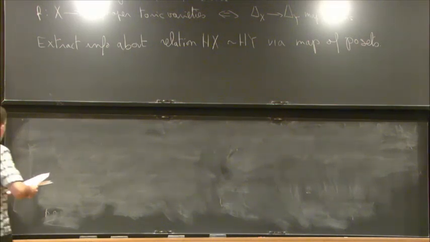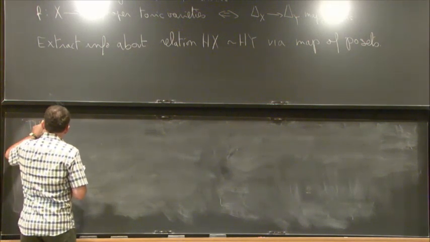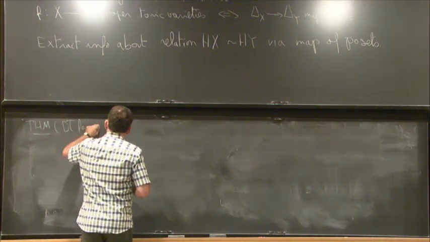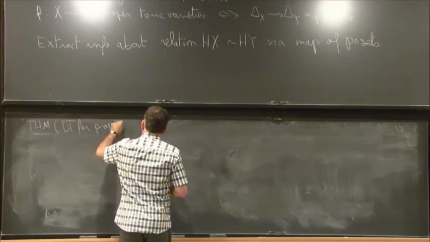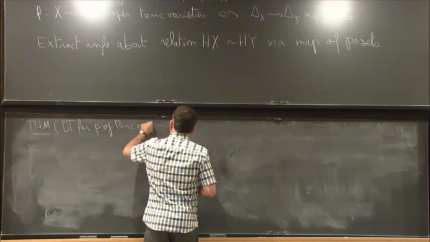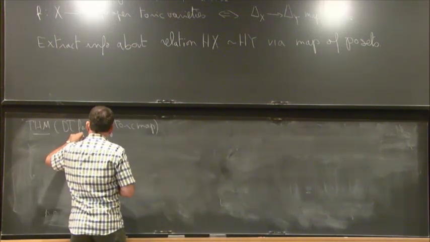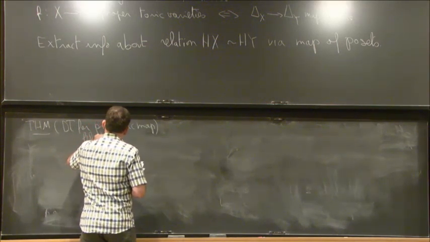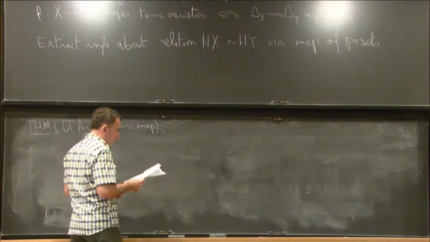Okay, so theorem C, the decomposition theorem for proper toric maps. I only give the statement for fibrations, because otherwise I have to introduce more notation.